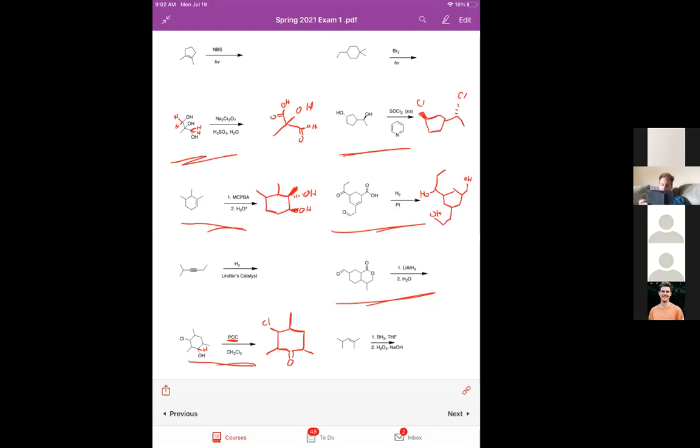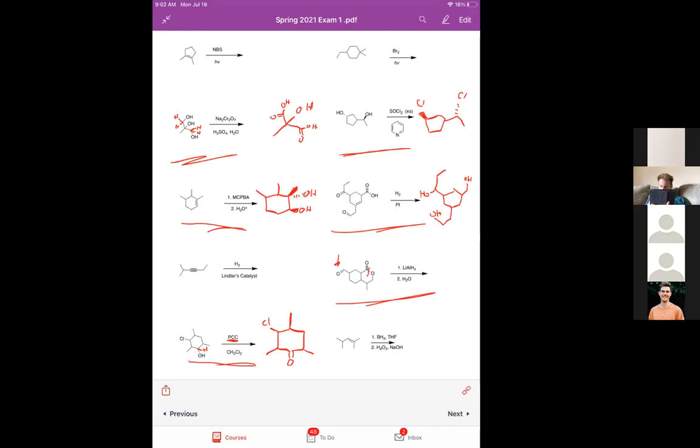Lastly, taking a look at this, we have LAH, which is going to reduce everything but alkene double bonds. So we're going to end up breaking this bond as well as reducing over here.